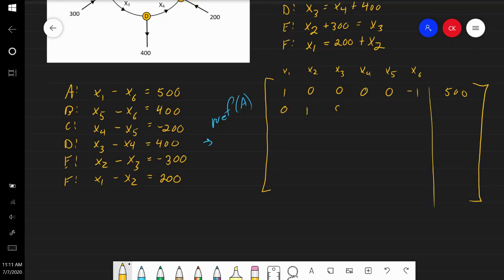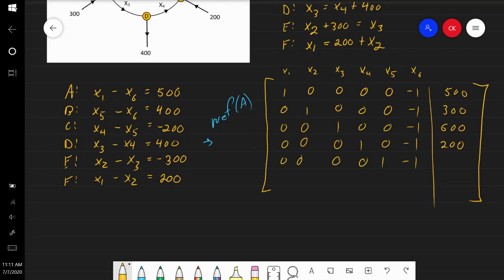And 0, 1, 0, 0, 0, negative 1, and 300. 0, 0, 1, 0, 0, negative 1, and 600. 0, 0, 0, 1, 0, negative 1, and 200. 0, 0, 0, 0, 1, negative 1, and 400. And then finally, we get a row of all zeros at the bottom. So x6 is a free variable here.